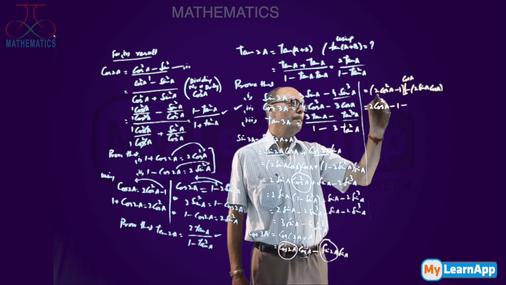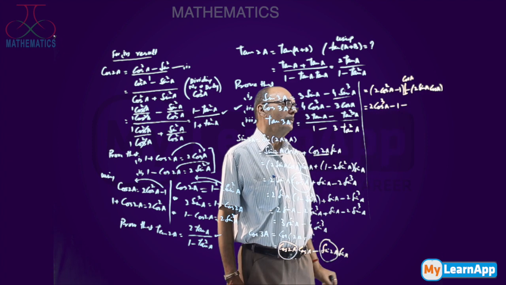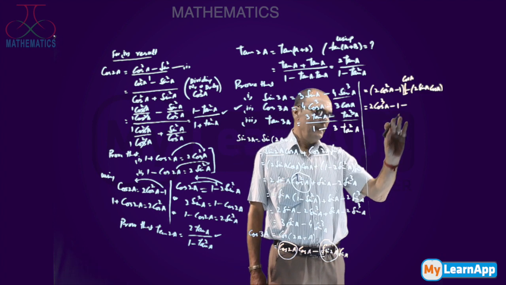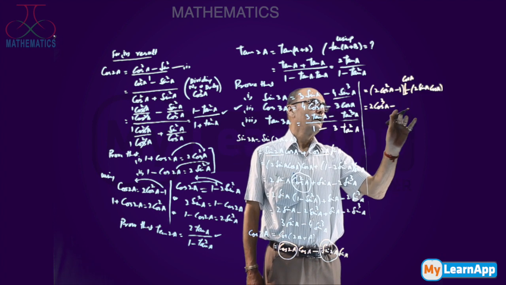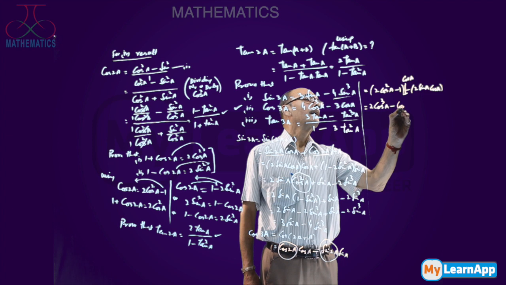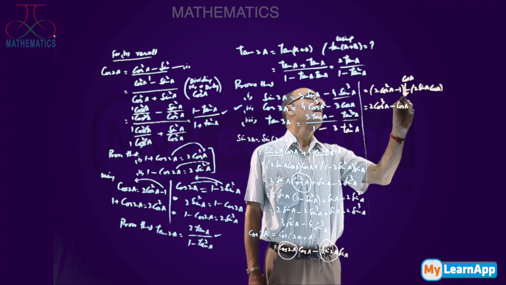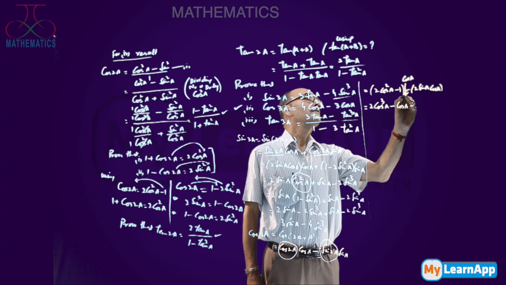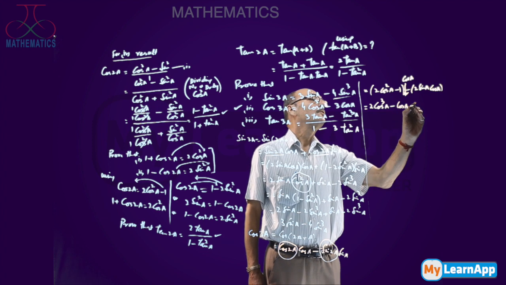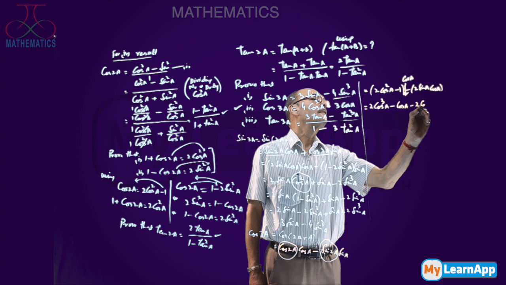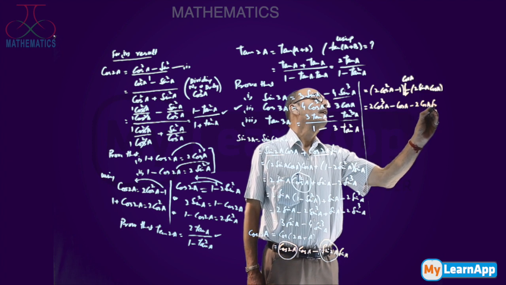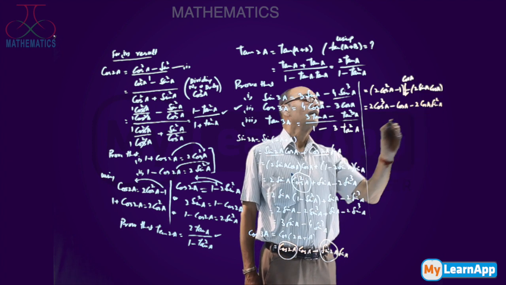So, cos a multiplied by this will give you 2 cos cube a, and here this will give you cos a, minus. This minus will come here, 2 cos a sin square a.